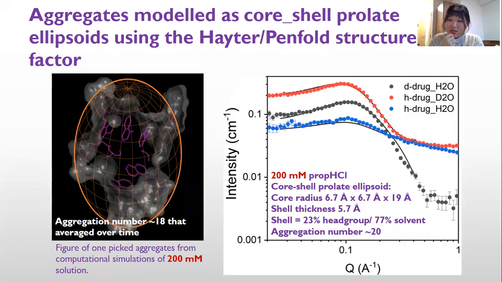So we modeled the data at the same concentration using this shape, and the aggregation number we obtained for 200 millimolar is 20, which is roughly in accordance with the aggregation number of 18 obtained from the computational results. It also confirms that our experimental results are in accordance with the MD simulation results.